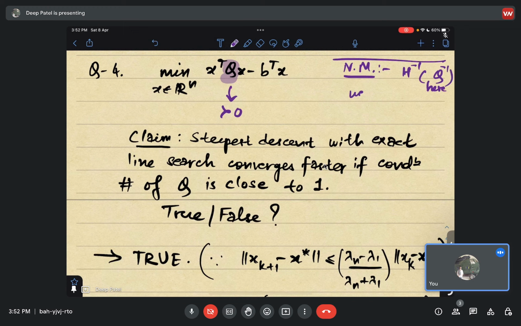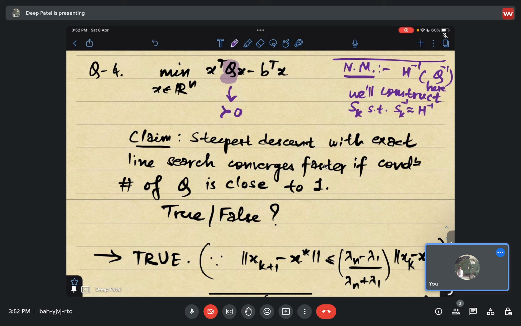So we will construct Sk at each iteration such that Sk inverse is roughly the Hessian inverse at each iteration.